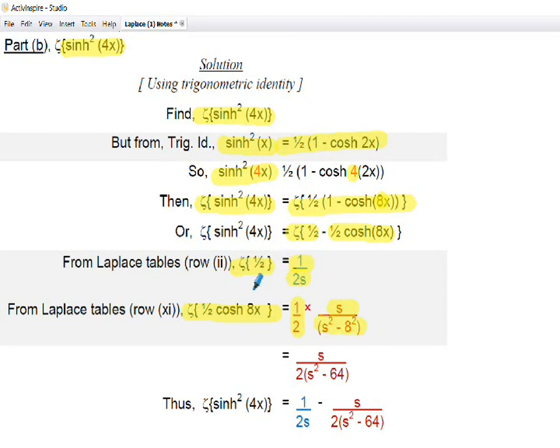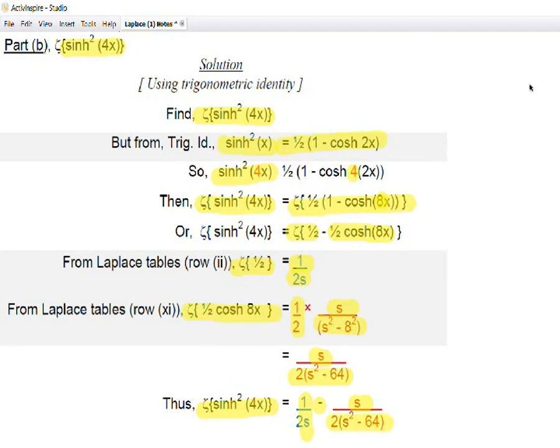What I've done on the next line is multiplied by the half, and I have raised the 8 to the power of 2 to get the 64. Again, bringing the two terms together, we can say that the Laplace of sine squared 4x is 1 upon 2s minus s upon 2 times s squared plus 64.